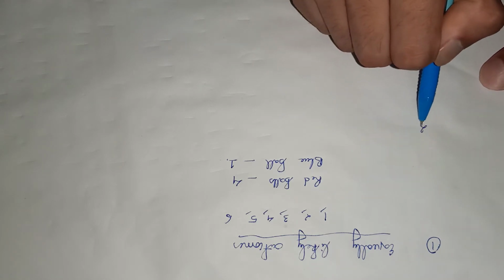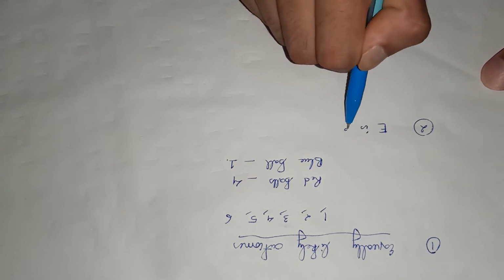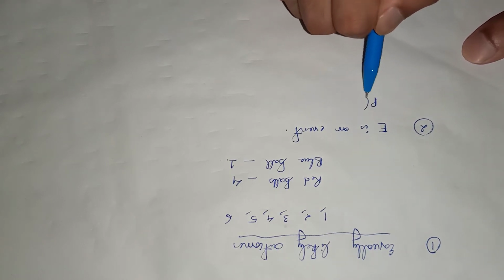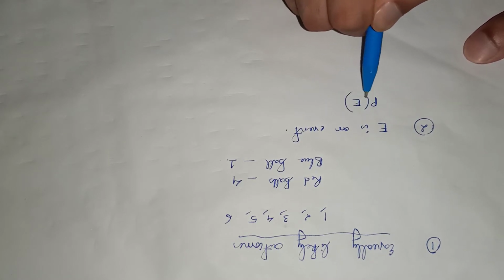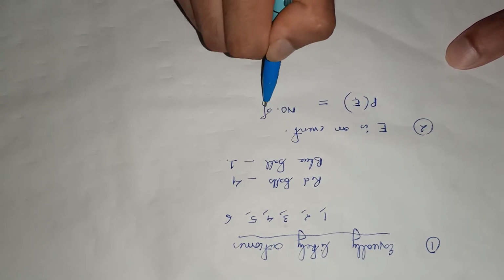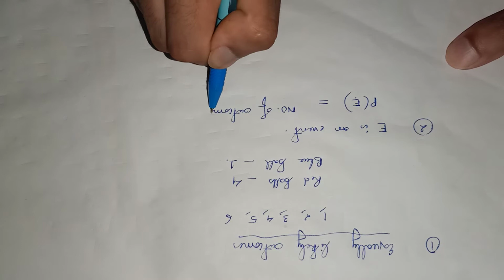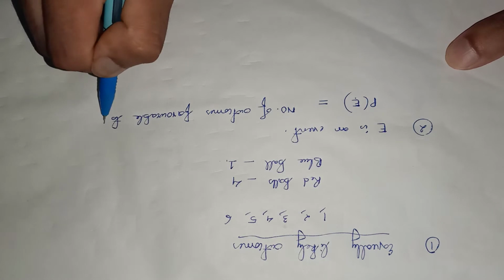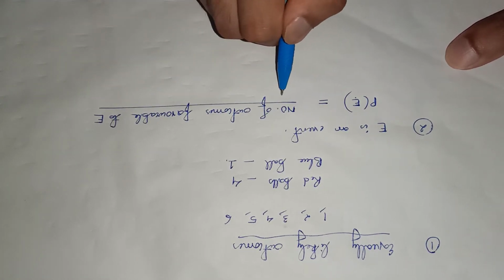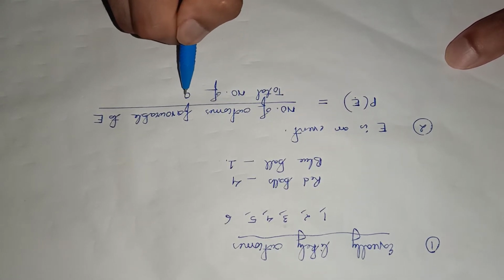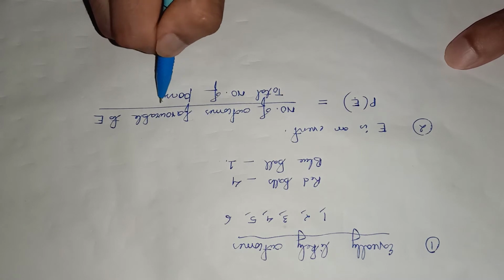So the second one: if E is an event, then the theoretical probability of this event E is given by P(E). So the probability of your event E is given by the formula: number of outcomes favorable to E divided by the total number of possible outcomes.